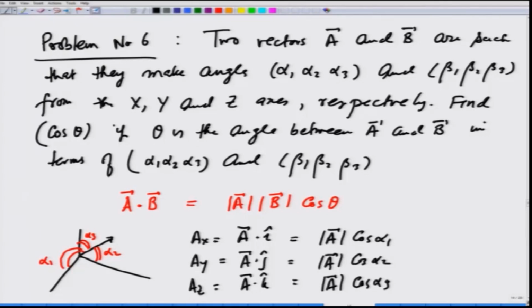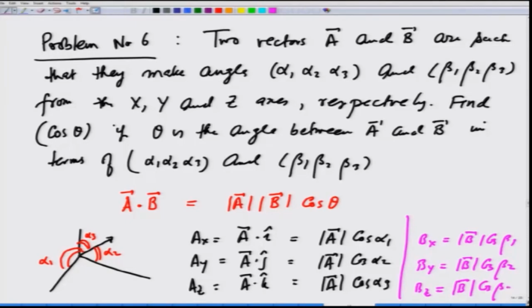Similarly, for B, I can write B x, which is going to be magnitude of B cos of beta 1, magnitude B y is going to be magnitude of B cos of beta 2, and magnitude B z is going to be magnitude of B cos of beta 3.